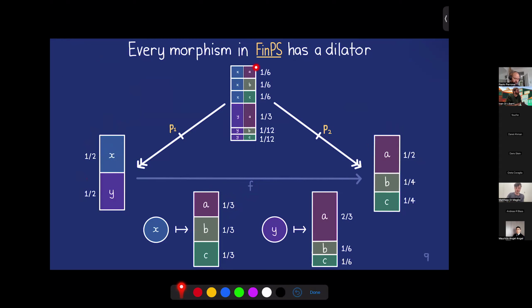Recall, we're restricting our attention to the things with non-zero probability. And then the probability that you assign, say, to the pair XA is just the product of the probability of X and the probability of A given X. So you do that and you get this probability space.